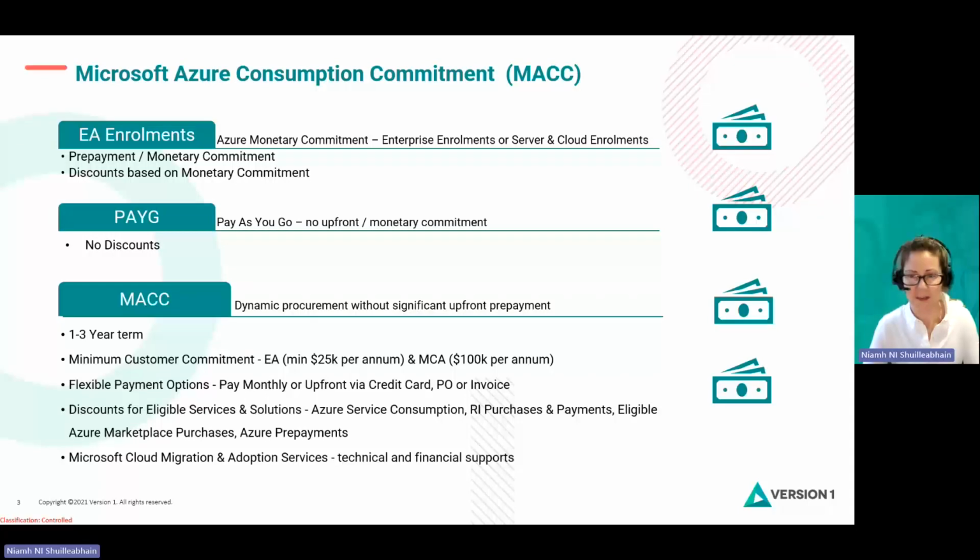And marketplace benefits, where you can purchase eligible offers from Microsoft partners that count towards your MACC. So MACC offers greater flexibility and discounts compared to historic Azure license programs, and certainly what you wouldn't find in pay-as-you-go.